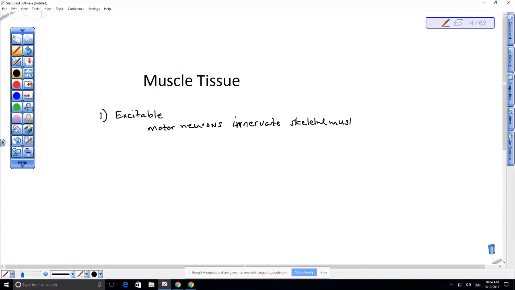And does anybody remember what type of neurotransmitter is released into the synapse? What is the neurotransmitter? It's the A one. Acetylcholine. Okay. So ACh is released, right?